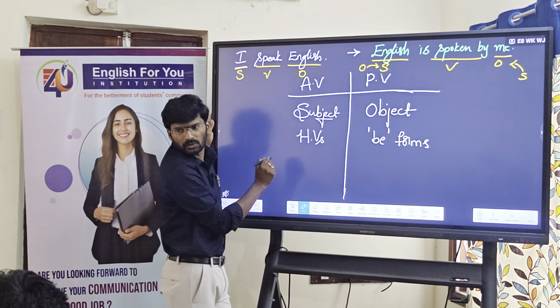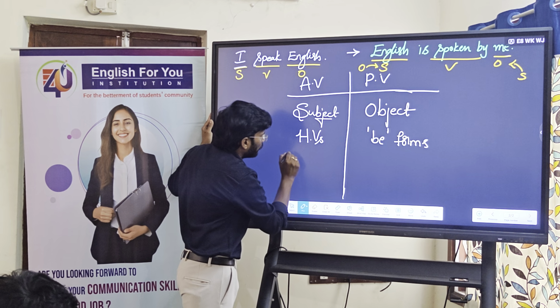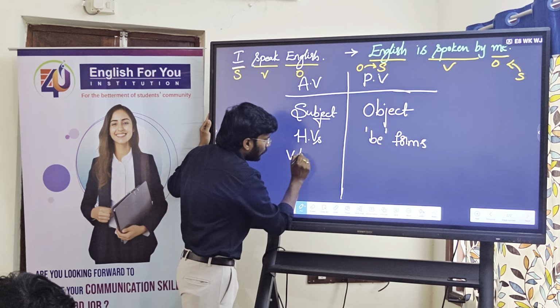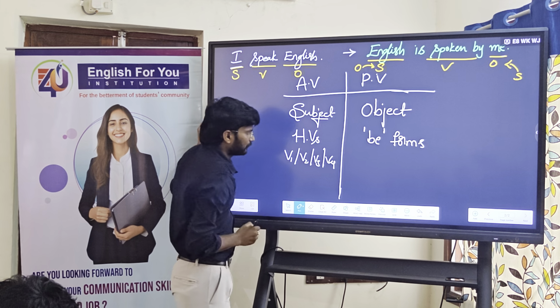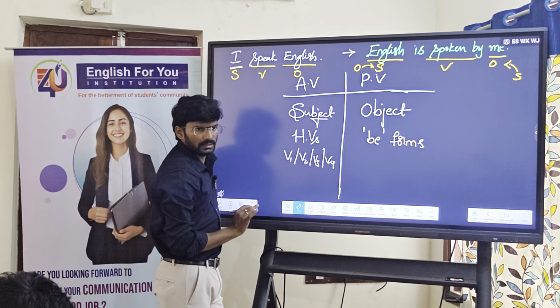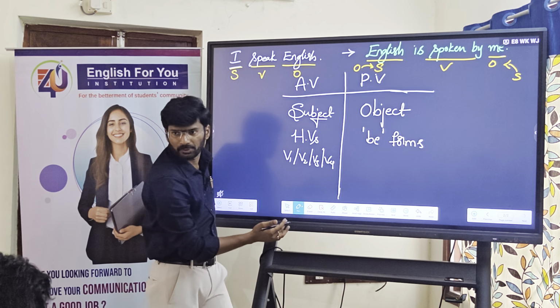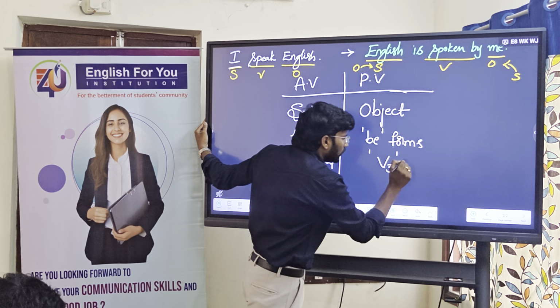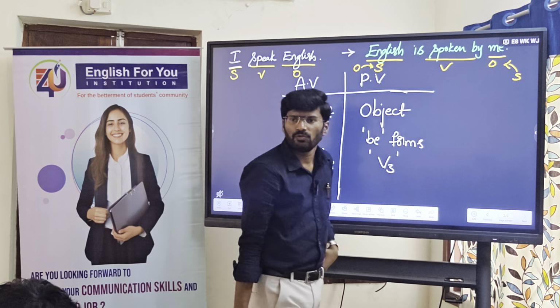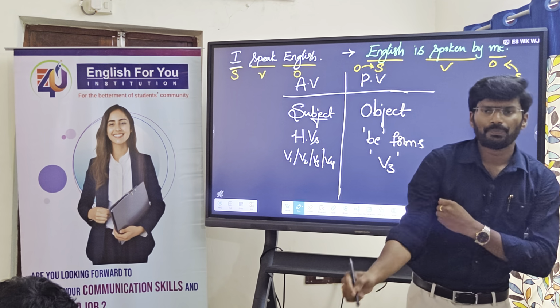And another thing, while we are talking about the tenses, is called verb forms. Am I correct or not? V1 or V2 or V3 or V4 are used in the tenses generally. And here only one is used, that is V3, which is called the passive form or perfect form, the PP rule.